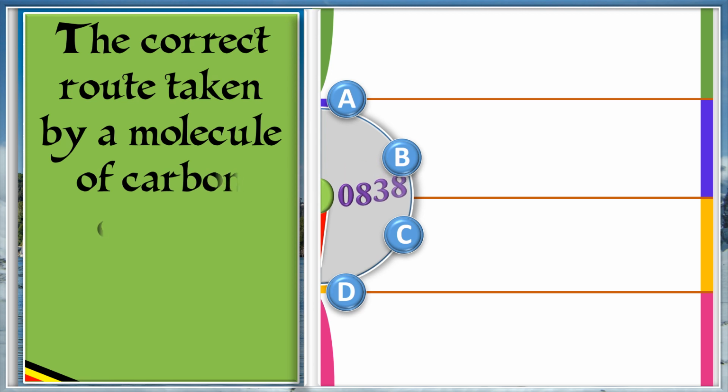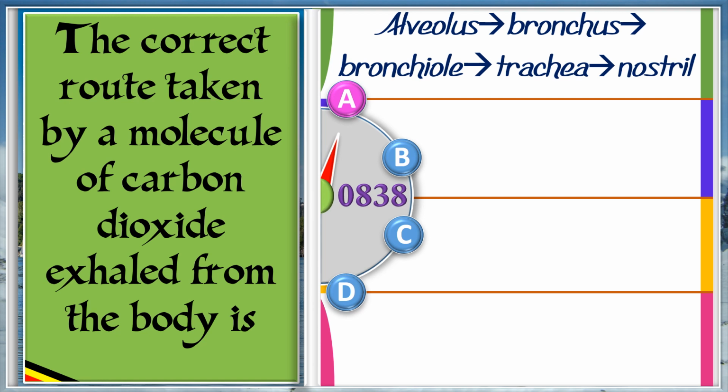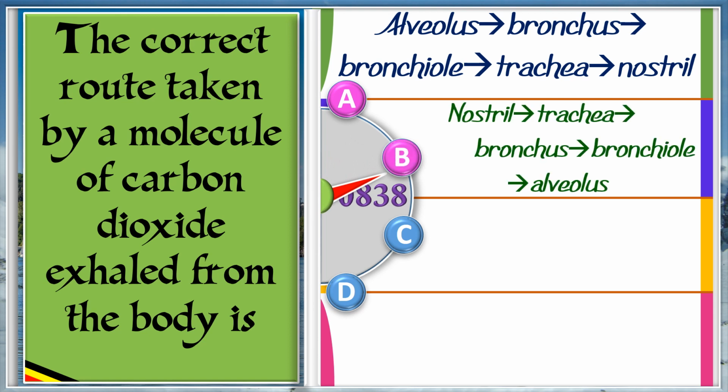The correct route taken by a molecule of carbon dioxide exhaled from the body is A. Alveolus to bronchus to bronchioles to trachea to nostrils. B. Nostrils, trachea, bronchus, bronchioles, alveolus.